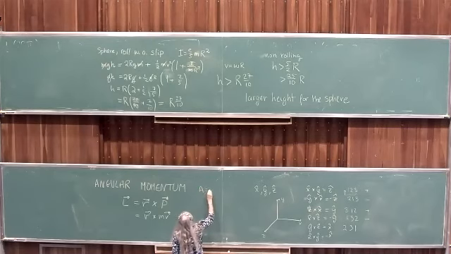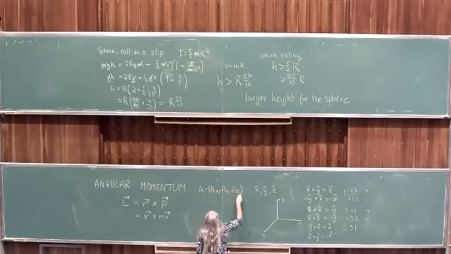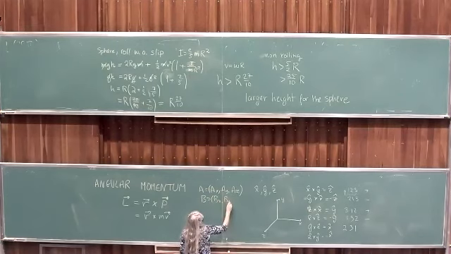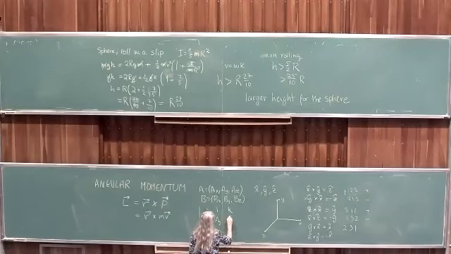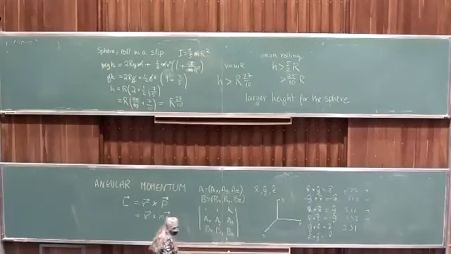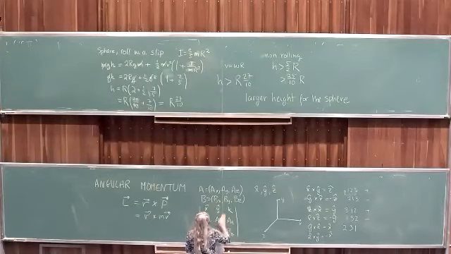I have a_x, a_y, a_z, and b_x, b_y, b_z, and on top this is actually x hat, y hat, and z hat.